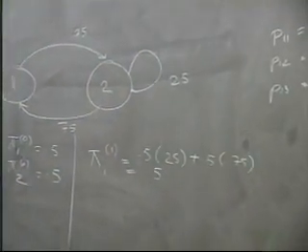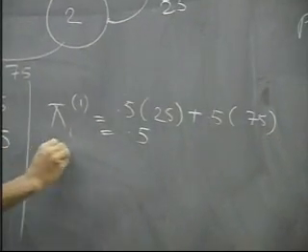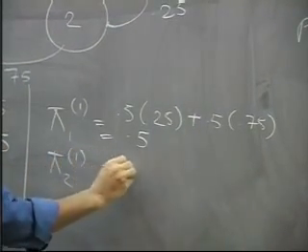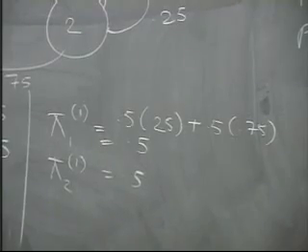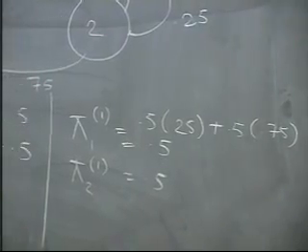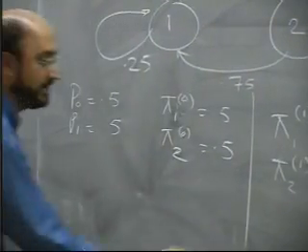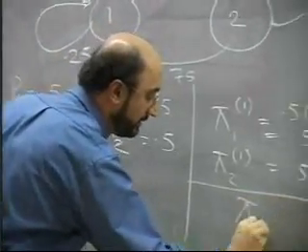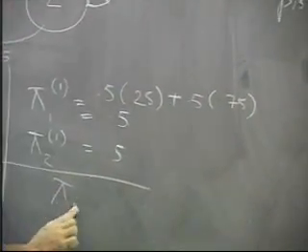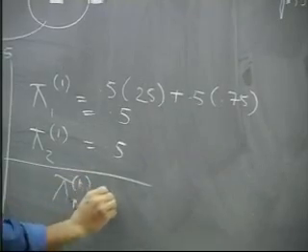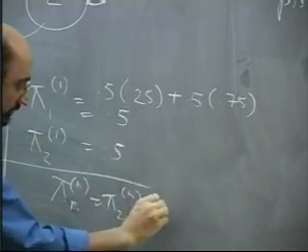Just symmetrically, pi 2 1 equals 0.5 also. And obviously, just repeating this argument, pi 1 n equals pi 2 n equals 0.5.